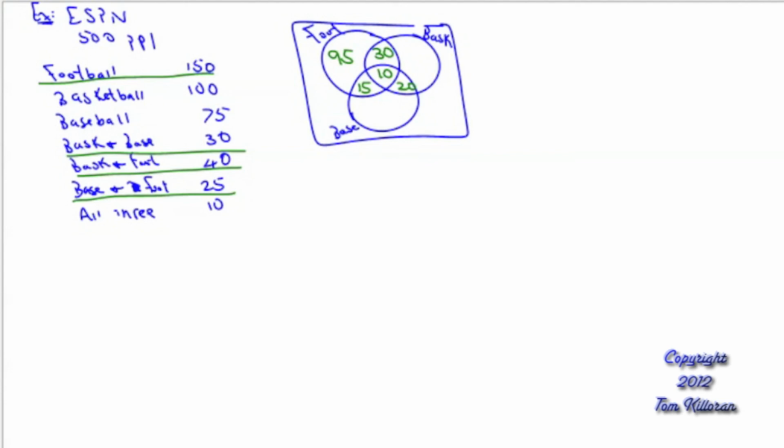They can't add up to anything else. When I get to basketball, there should be 100 people in that circle, but I already have 60. That leaves me 40. Then I have baseball. There should be 75 people in that circle, but I already have 45 of them, right? So 75 minus 45 is 30.